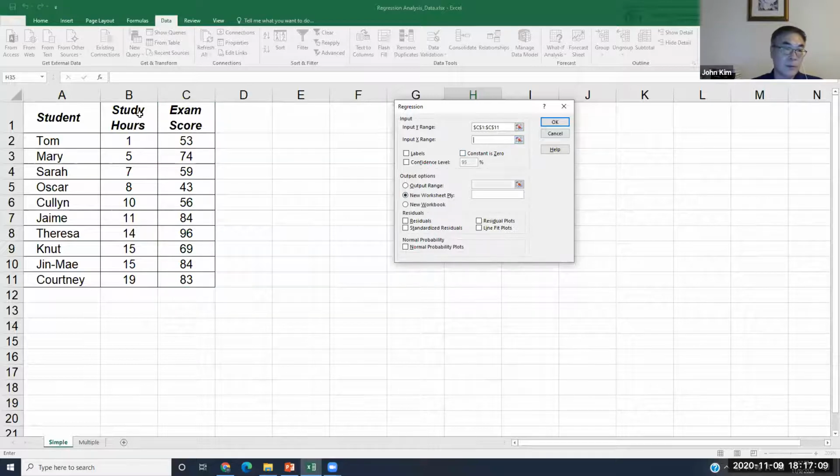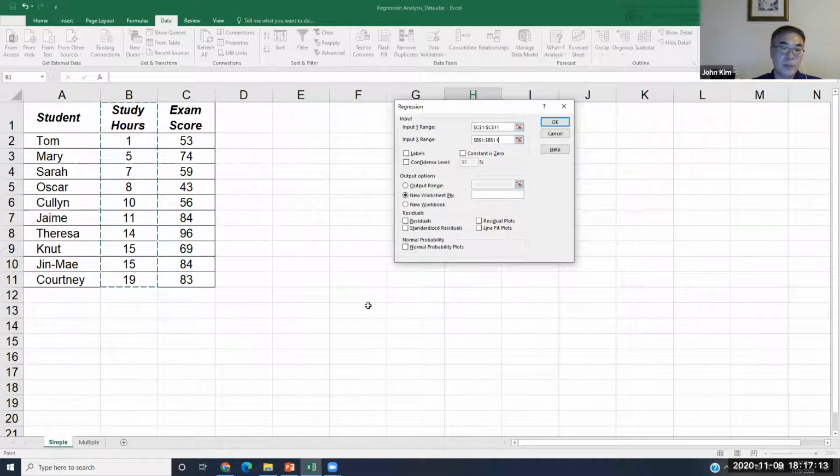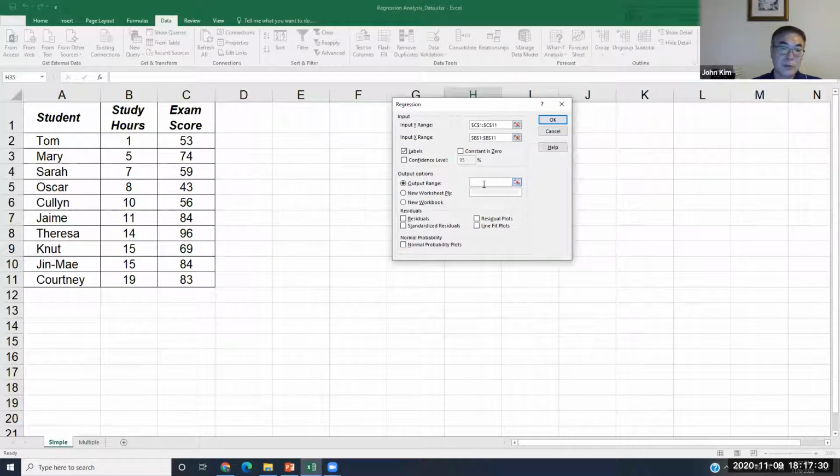Then study hour, moving first, will be the X variable. And I include the label, so check Labels. Then I will show the output here, then OK.